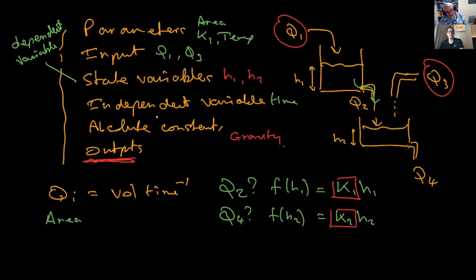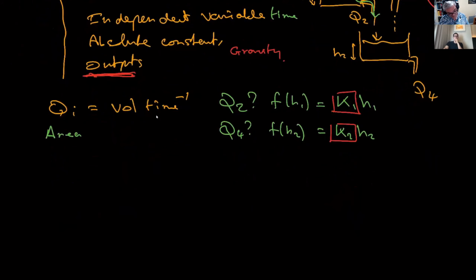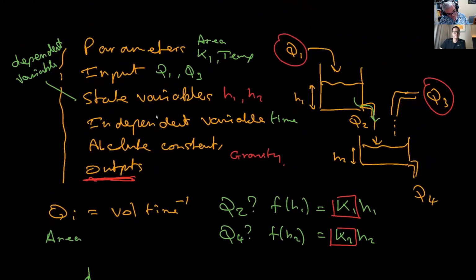So we can write this whole thing down in a succinct form. Let me just write it down here. The state variables, by the way, are usually given the symbol xi. The independent variable is time. Don't bother with the absolute constants. The outputs are usually given the symbol y.